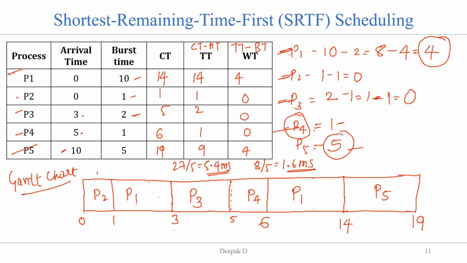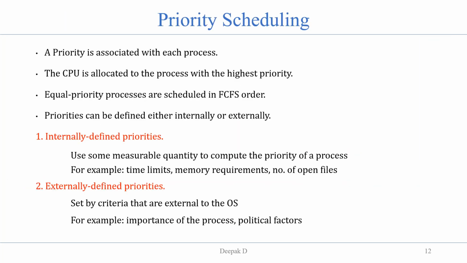First we shall see the next algorithm. The next algorithm is priority scheduling. You can observe in this algorithm that a priority value is associated with each process, and the CPU is allocated to the process with the highest priority.